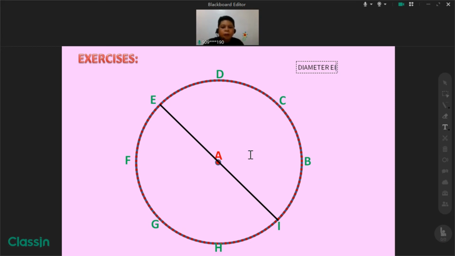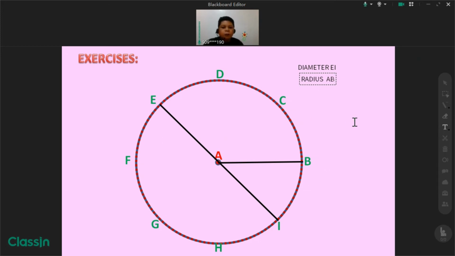Okay, and then let's connect another segment. So let us say this is segment AB, connecting the center to point B on the circle. So that is what we call the radius. So the radius is AB. Okay.